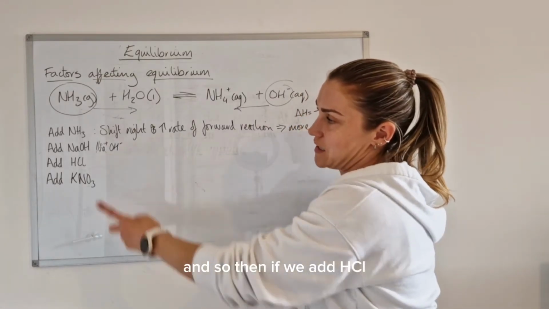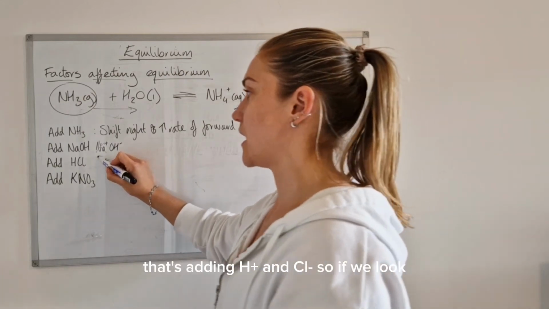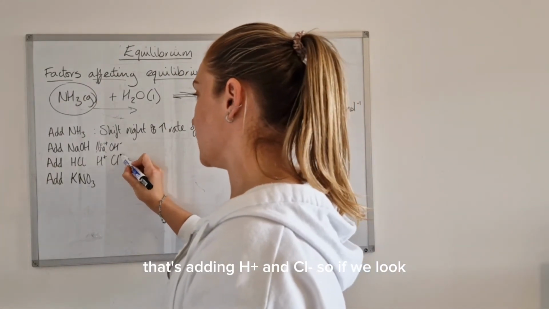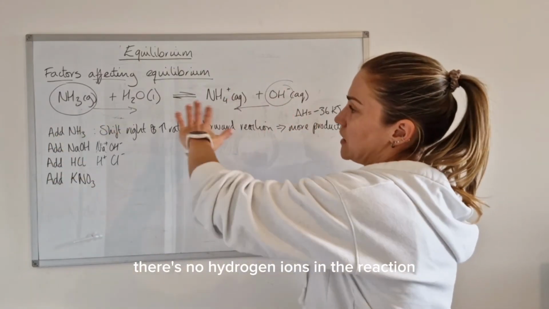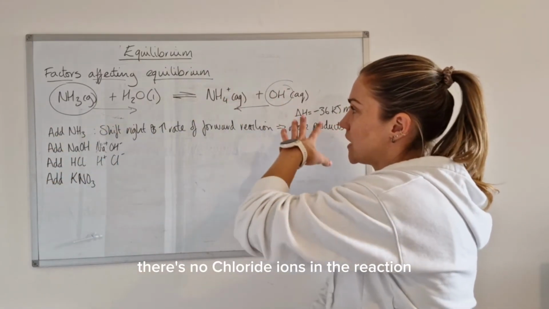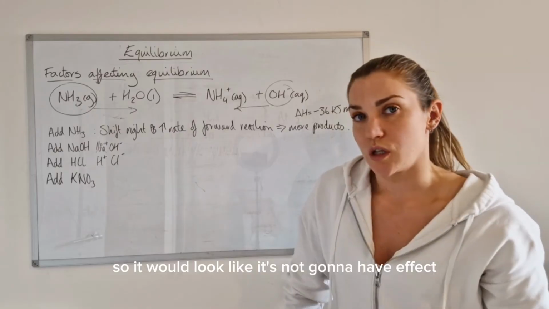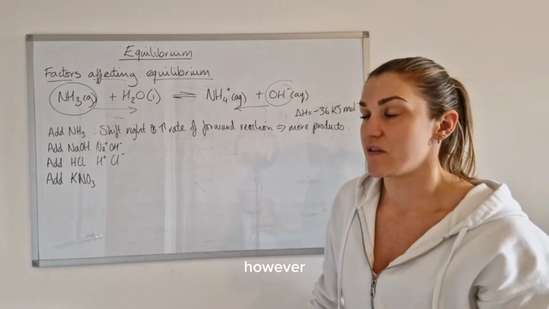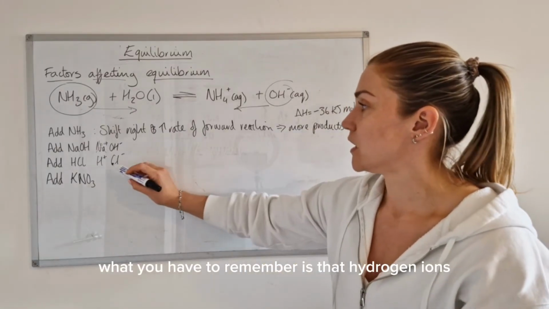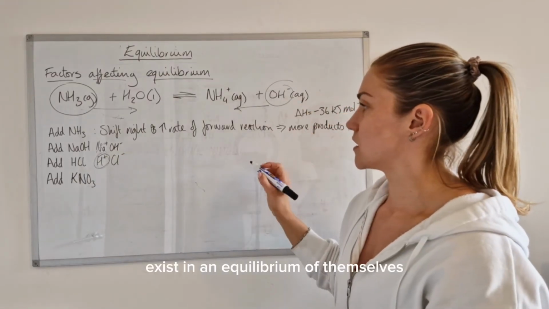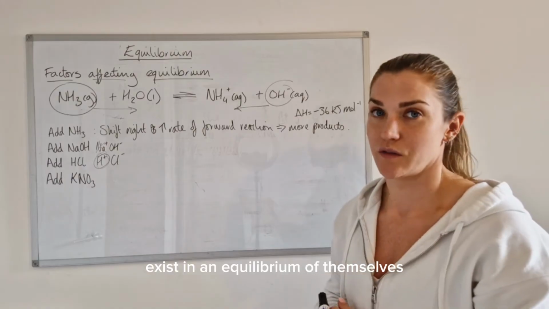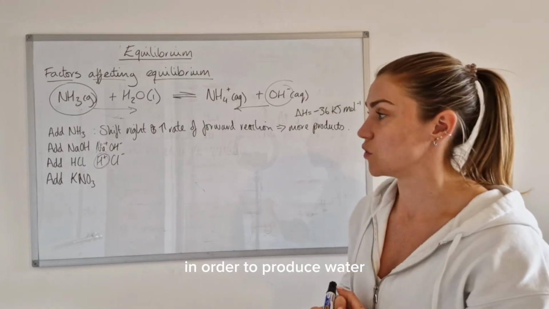So then if we add HCl, that's adding H+ and Cl-. So if we look, there's no hydrogen ions in the reaction, there's no chloride ions in the reaction, so it would look like it's not going to have an effect. However, what you have to remember is that hydrogen ions and hydroxide ions exist in an equilibrium of themselves in order to produce water.